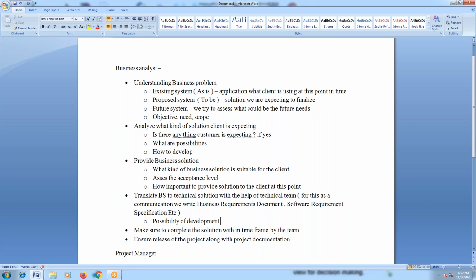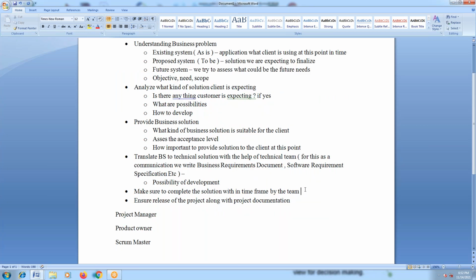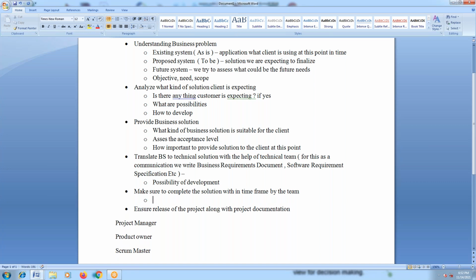Next, third point: make sure to complete the project within the existing time frame by the team members.